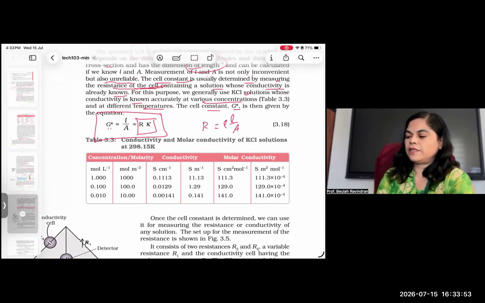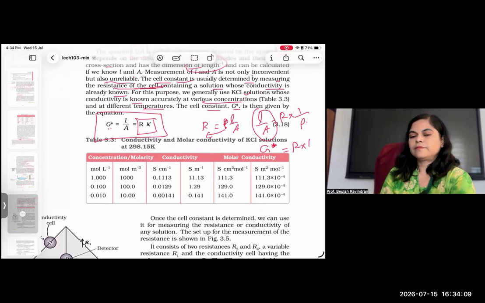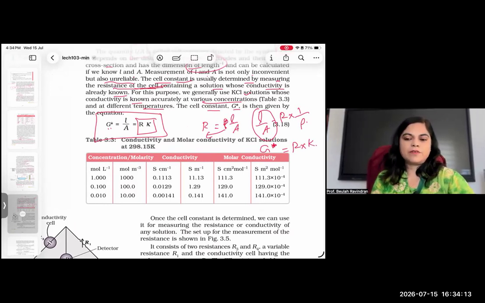If you want to find out this L by A, you can bring this rho to the left side. So R into 1 by rho. L by A, the cell constant G star, is equal to R into, what is 1 by rho? It is kappa. Is it clear for you? I hope it's clear for you.